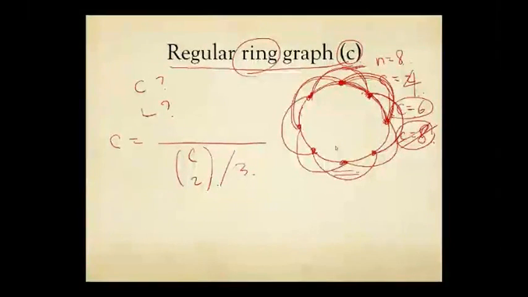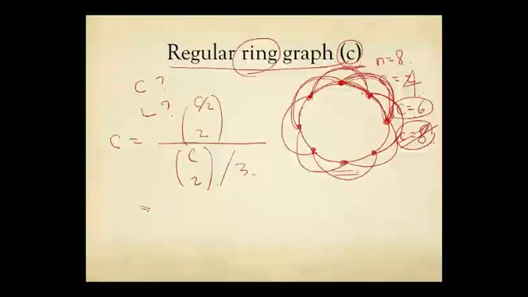So how many of such choices are there? Well, in order to be able to come back in one hop, you can only go out c over 2 that far. Farther than that, you won't be able to come back. And out of those, you can choose 2 because you'll be making 2 steps. So the number of triangles is c over 2 choose 2. And the number of connected triples is c choose 2.